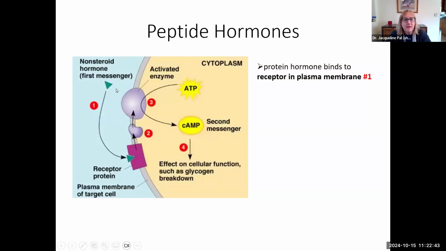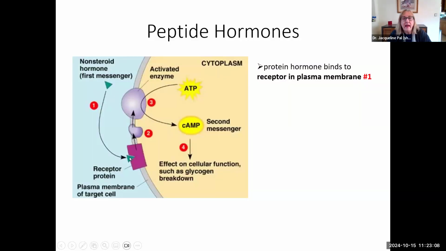When we look at a peptide hormone, and here's a little peptide hormone, this little green triangle traveling along in the bloodstream. For some reason, it's showing it blue. It travels and it reaches this yellow cell. And right here on the plasma membrane, this purple thing is the receptor for that hormone, and it can bind to it.